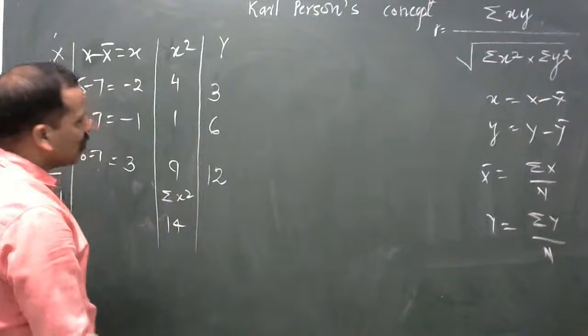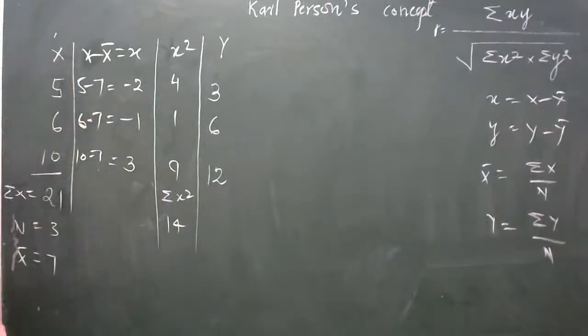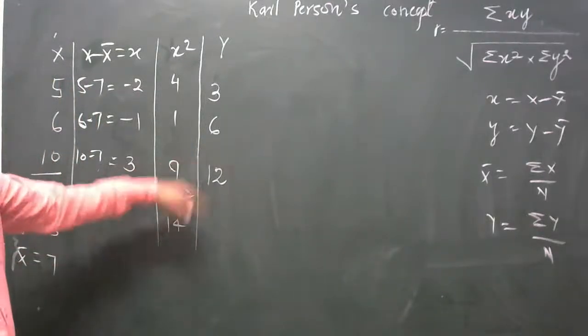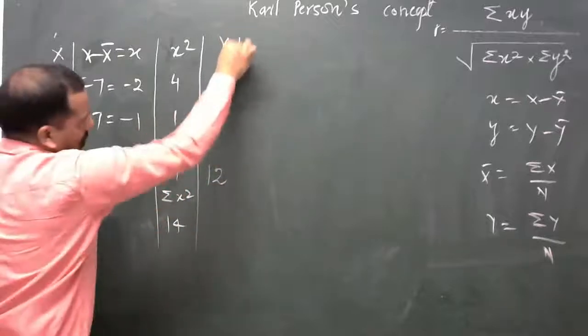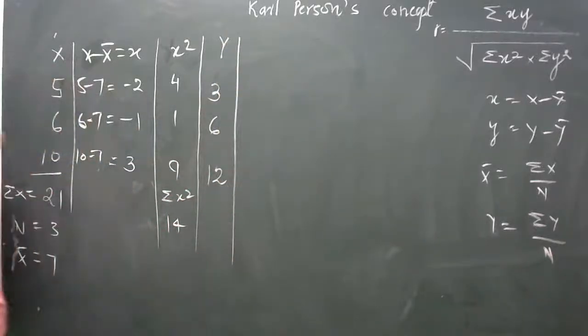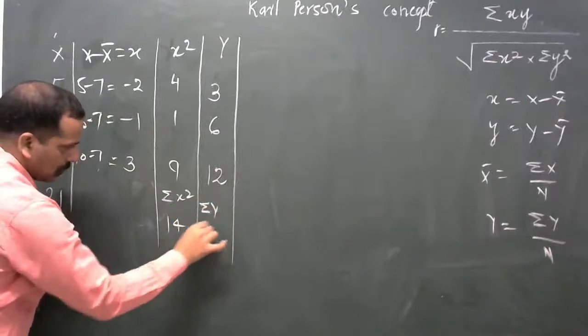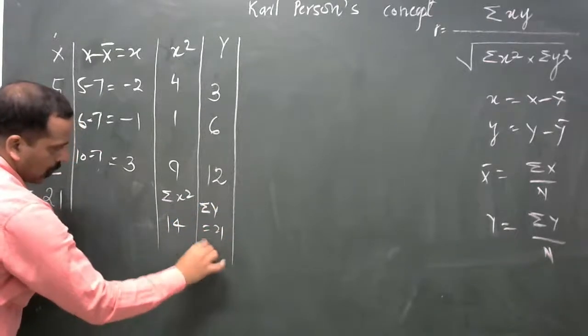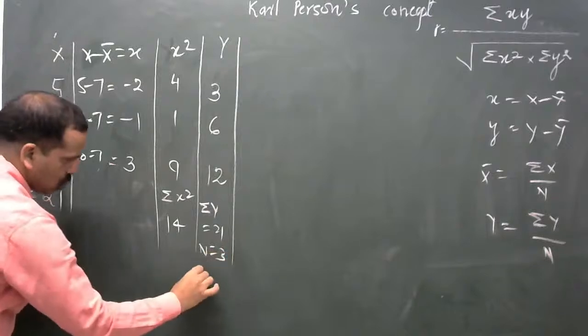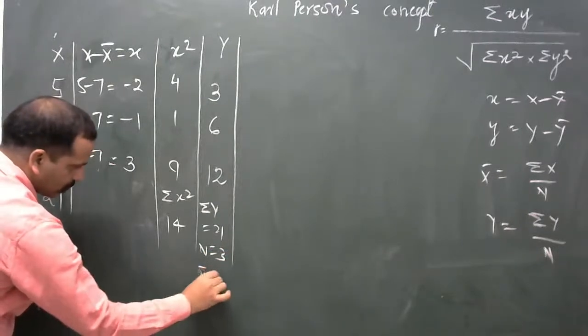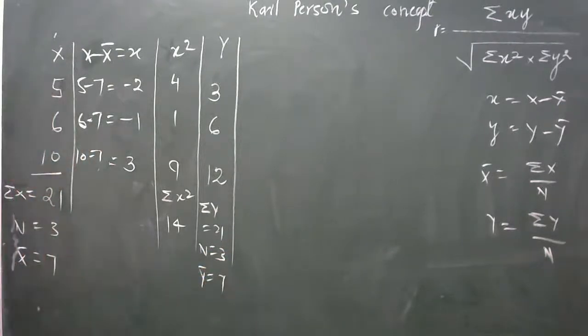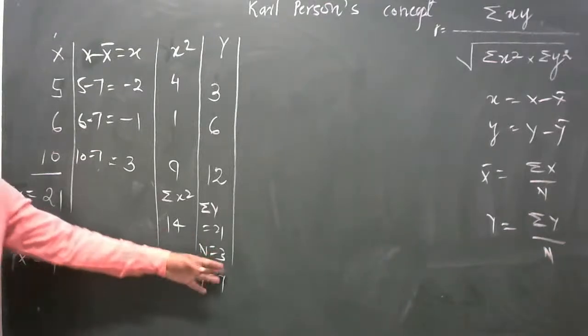Let 3, 6, 12. Okay, no problem. So sum of y is 21, number of observations 3. So mean y is 7. Okay. 21 divided by 3 equal to 7.